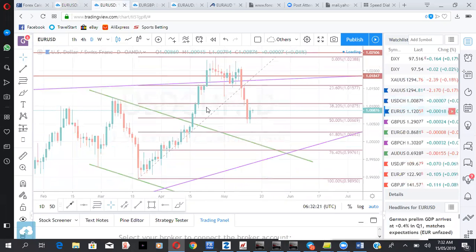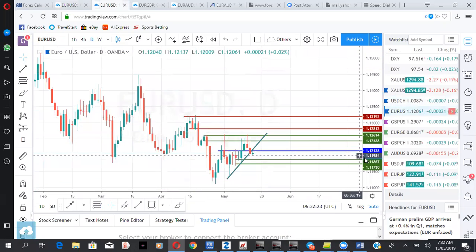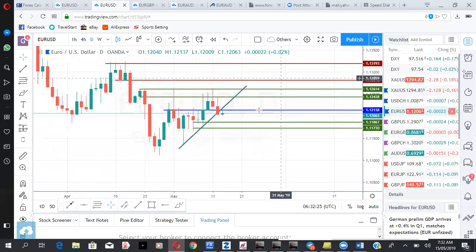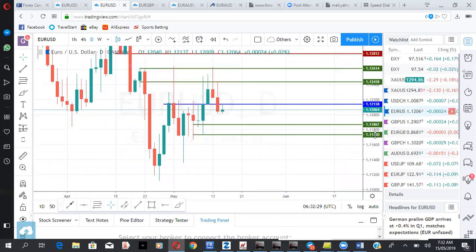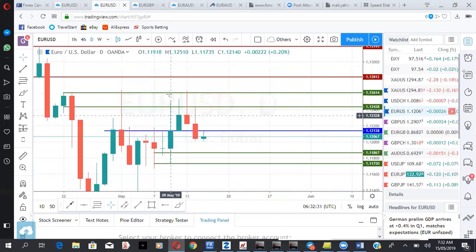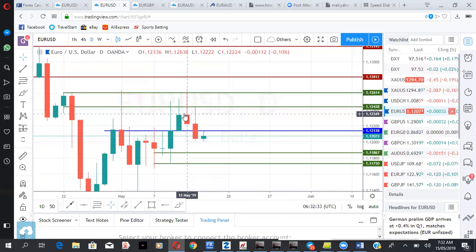Let me get a daily view of the EURUSD. If we look at the EURUSD, we have a long upper wick here, and yesterday closed as a long upper wick.